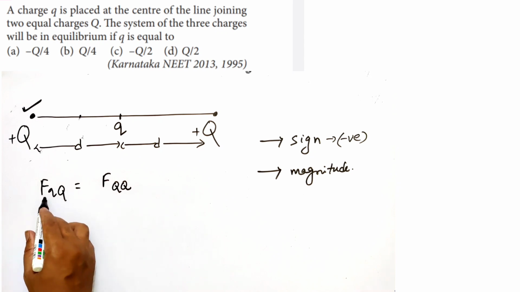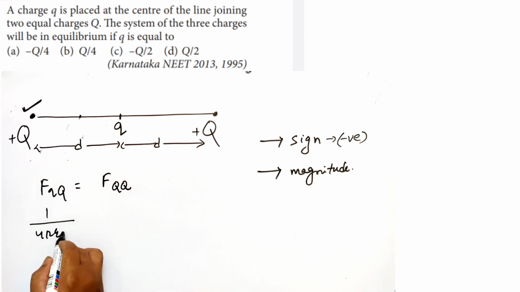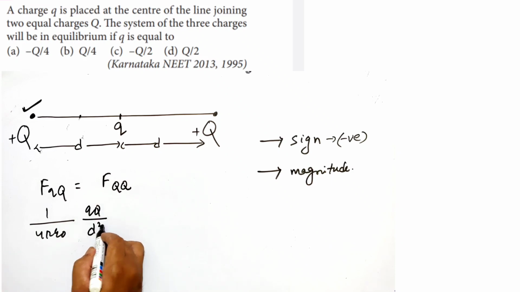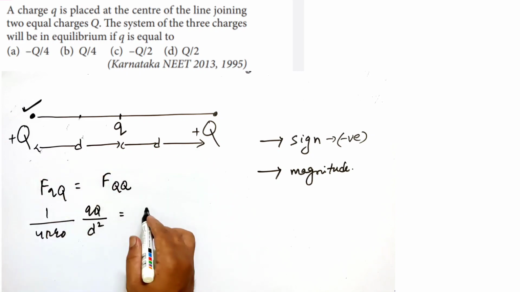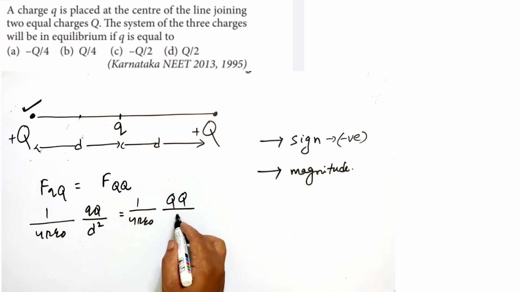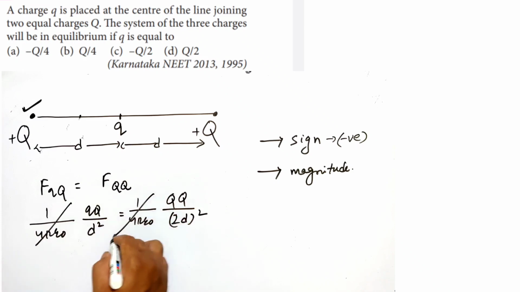So F for small q and capital Q will be 1 by 4 pi epsilon naught into qQ divided by D square, and these two will be 1 by 4 pi epsilon naught capital Q into capital Q by (2D) square. Now 1 by 4 pi epsilon naught got cancelled, capital Q got cancelled, so small q, on solving this, you are going to get the answer to be capital Q by 4.